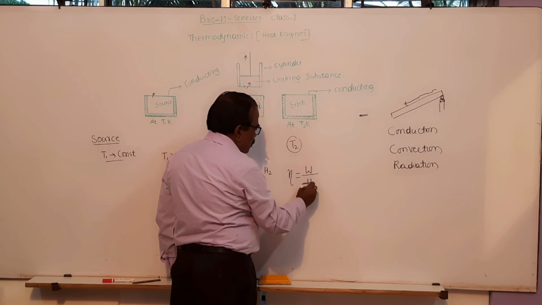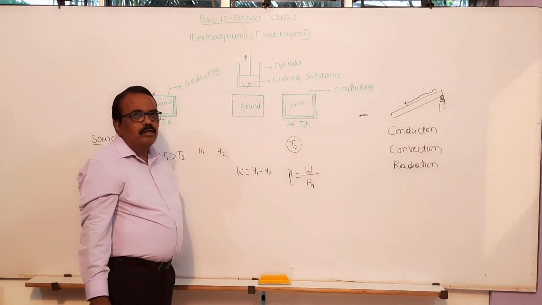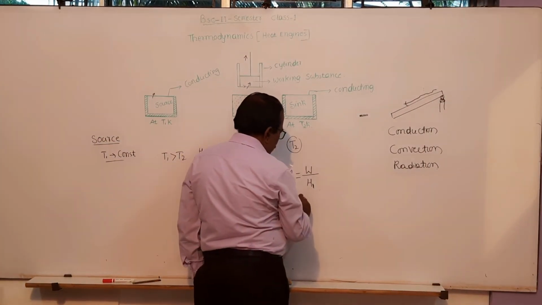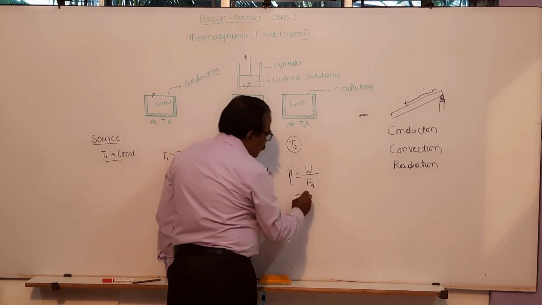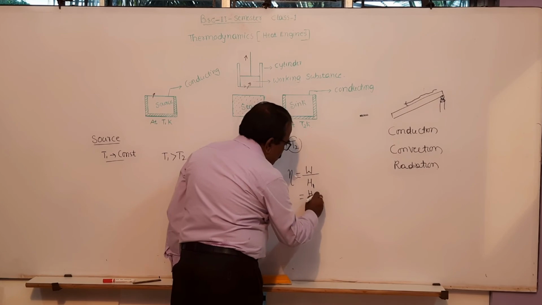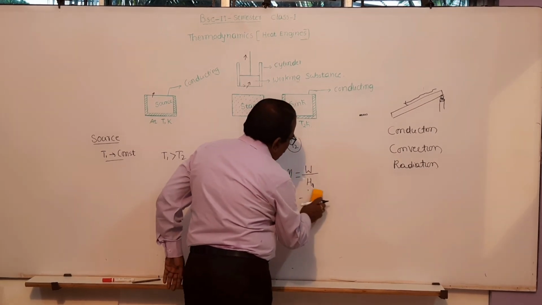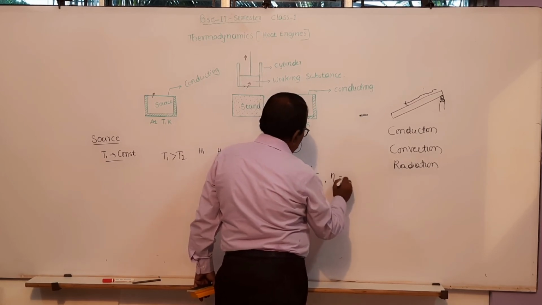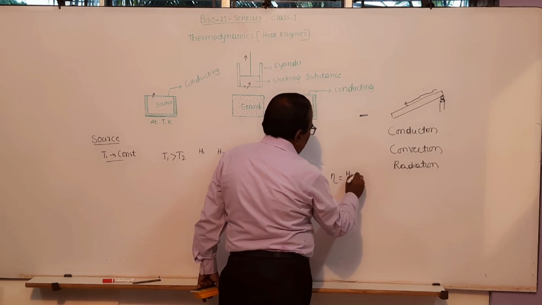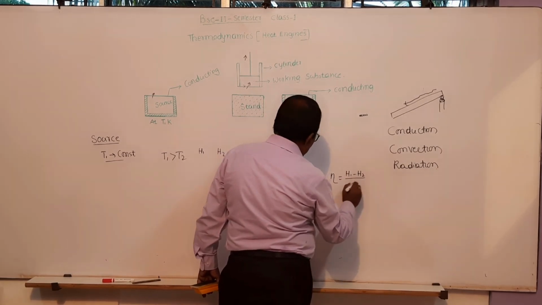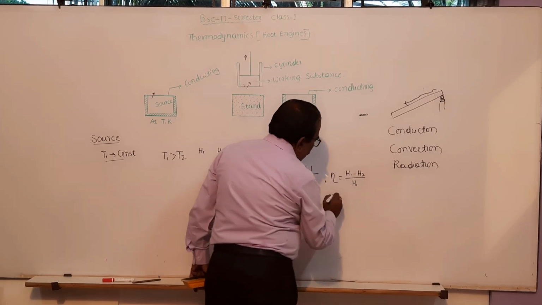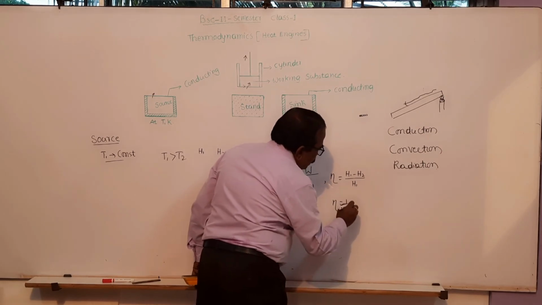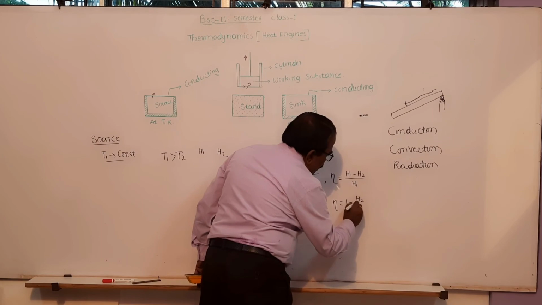Heat absorbed is H1, and work W is H1 minus H2. So eta is H1 minus H2 divided by H1, or eta is equal to 1 minus H2 upon H1.